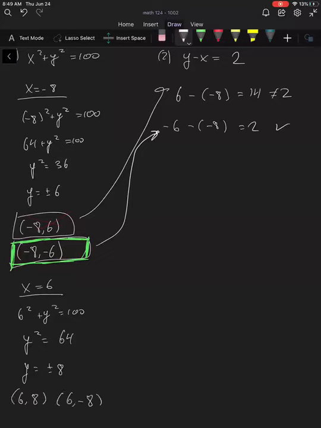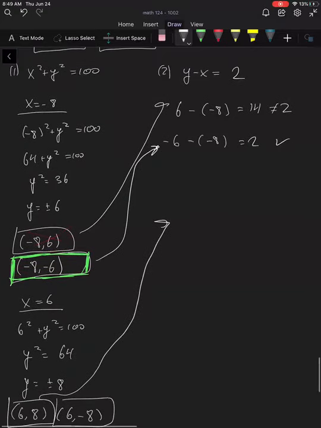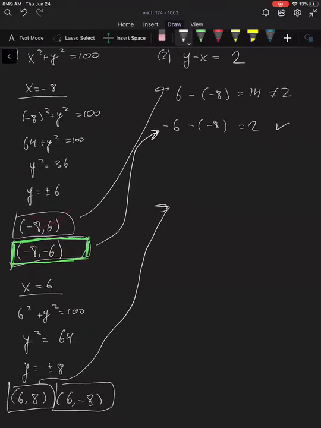So now we have to check both of these with the same thing over here. The first one, let's check it. What happens if we do y minus x? Do we get the number 2? y is 8, so we get 8 minus 6. That equals 2. So this is going to be an okay answer, the point 6 comma 8.